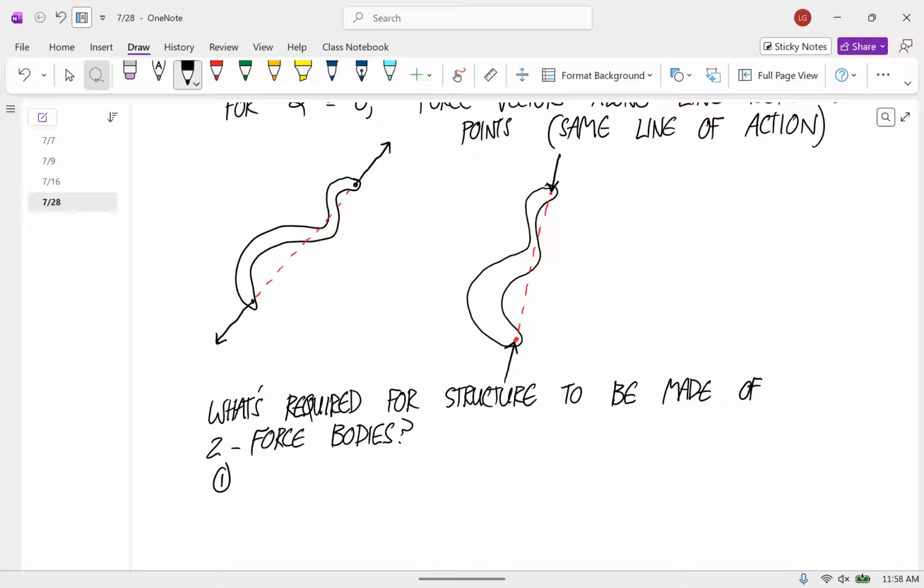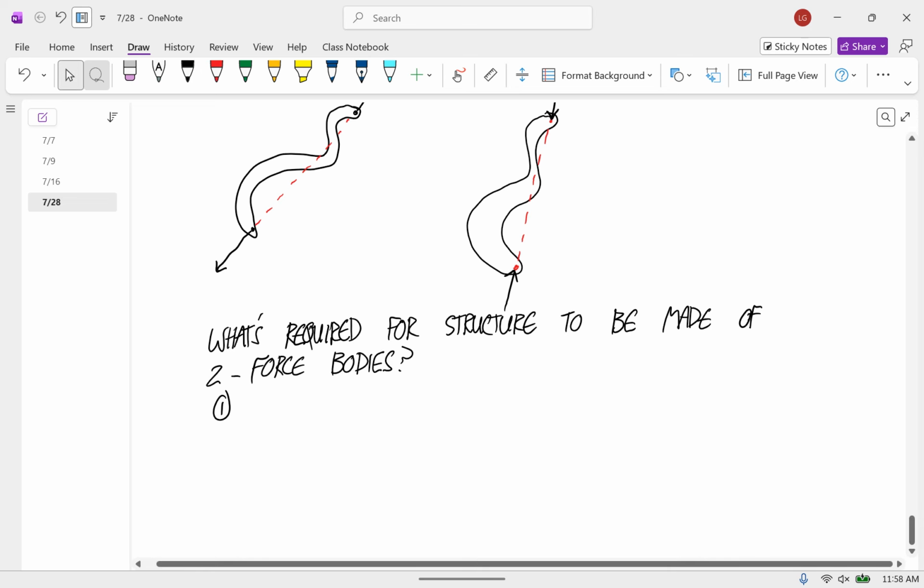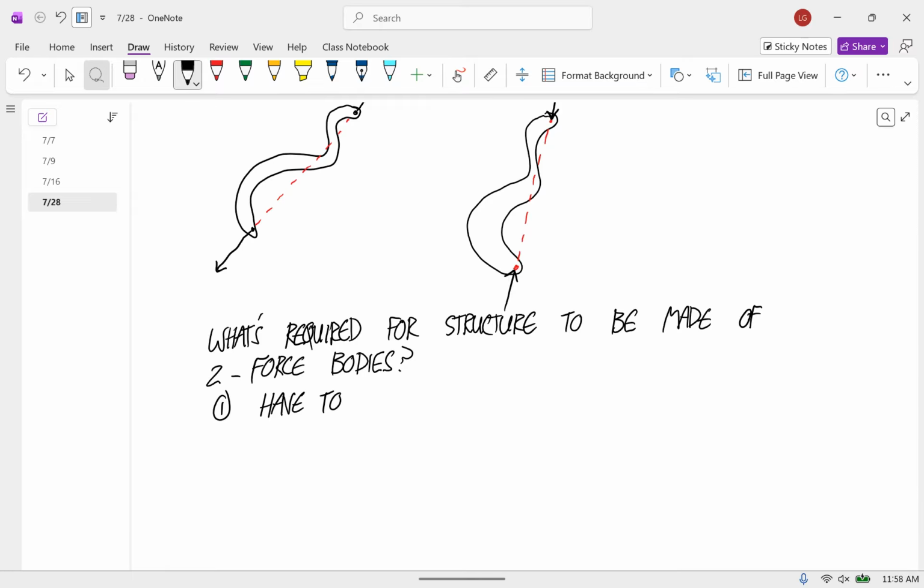You have to be able to neglect the weight. For some applications, that's useful. For bridges and stuff, they'll make this simplification to get rough estimates pretty often because the weight of the bridge itself is small compared to the forces that these things have to support. So you have to be able to neglect the weight.